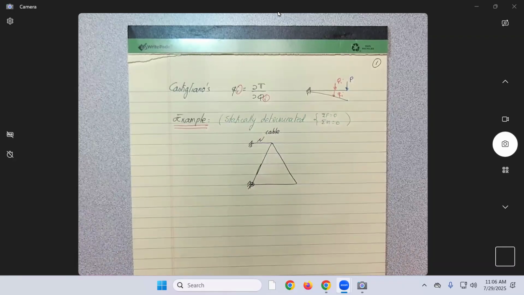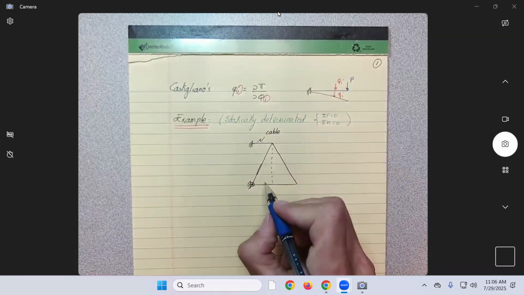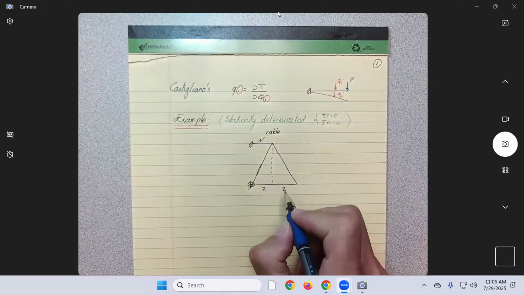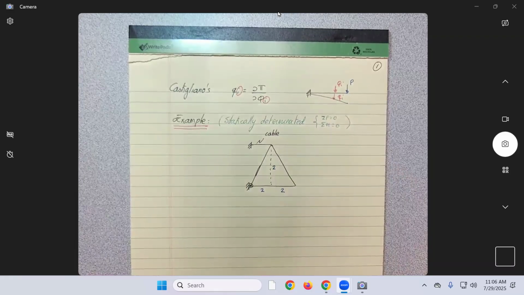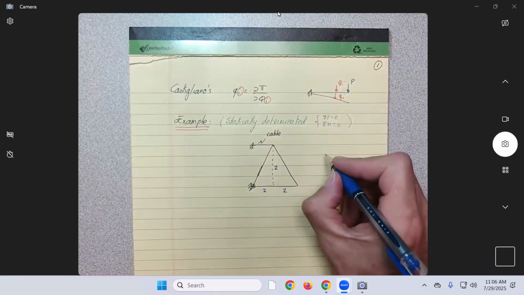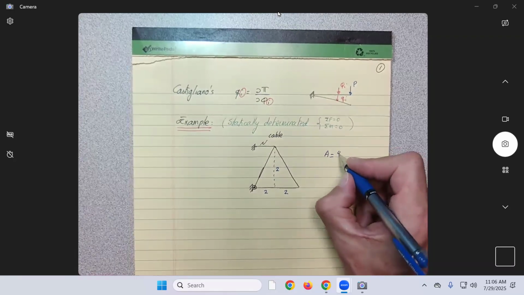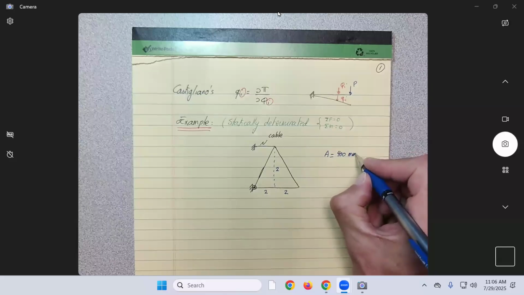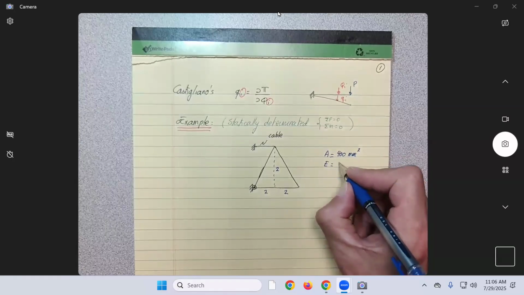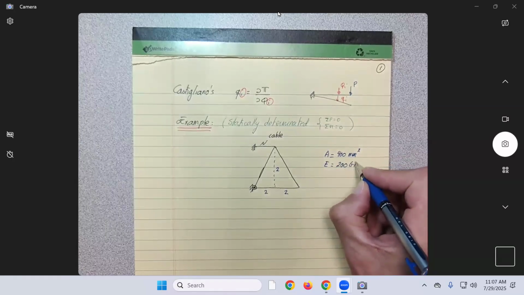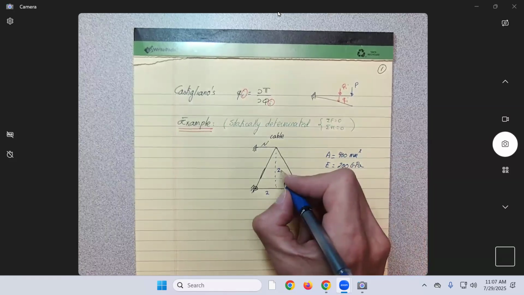So let's see, we have some dimensions. This will be 2, 2, height is 2. This should be 2 meters. The cross-sectional area of each one of the rods will be 400 millimeters squared. It is made out of structural steel with a material property of 200 gigapascals.